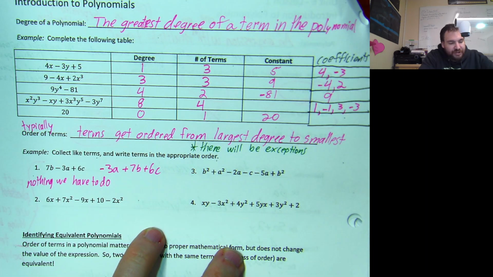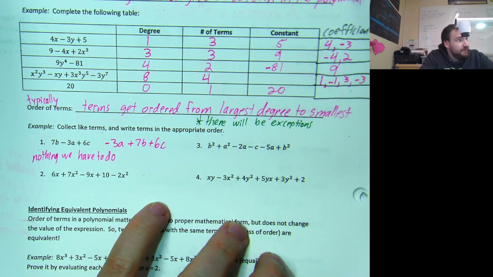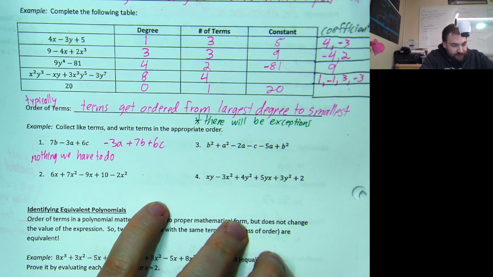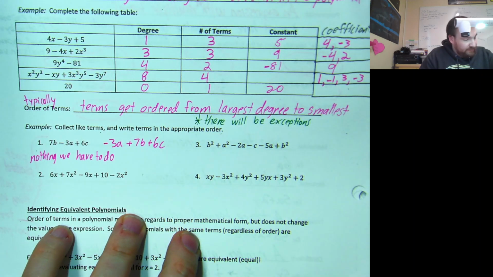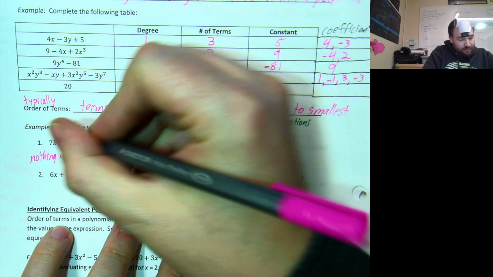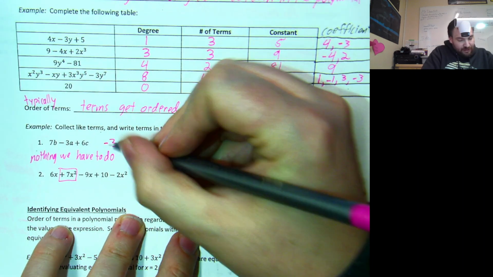Number 2, what would we do with number 2? Danny. Which would be what? What's 7x squared minus 2x squared? You're putting these together.